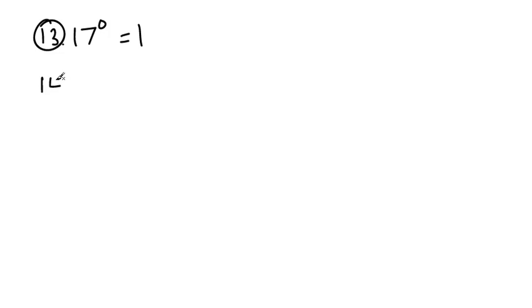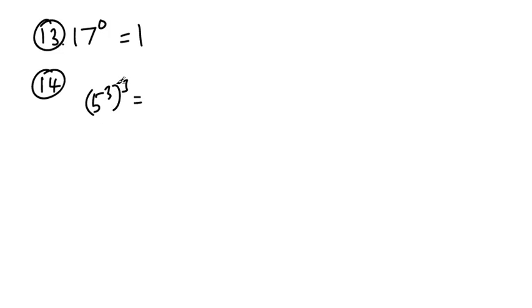Okay, number 14. Number 14 is saying 5 to the 3rd power, all to the 3rd power. When we look at this, we need to remember our power law of exponents.